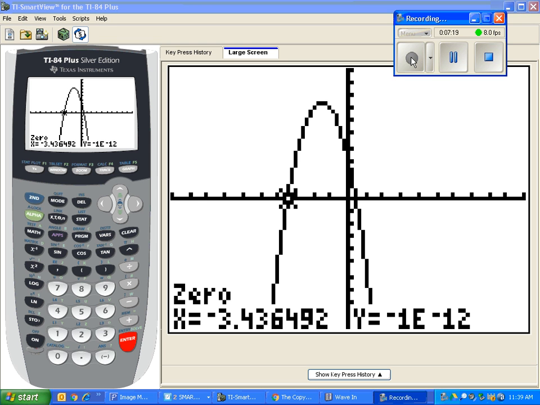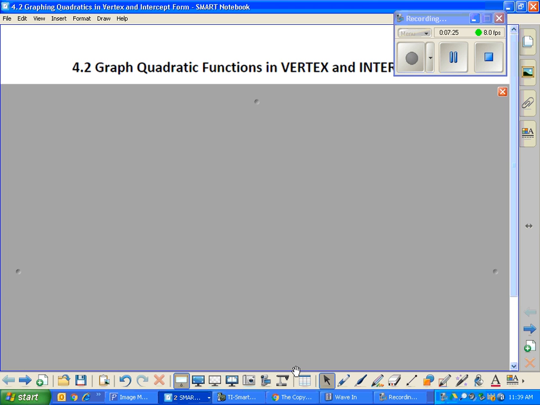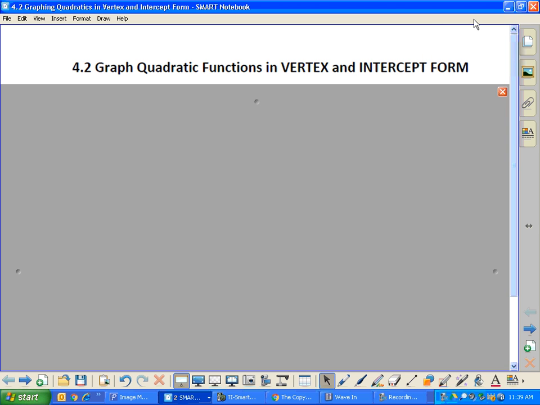You had a little bit of a warm-up that maybe you got a chance to take a look at. With respect to section 4.2 in your notes, graphing quadratic functions in vertex and intercept form. While you're digging out your notes, I'll let you know that you grabbed 3 pieces of paper total for your homework assignment for tonight.